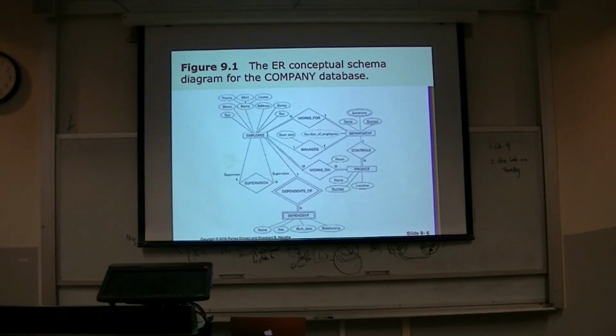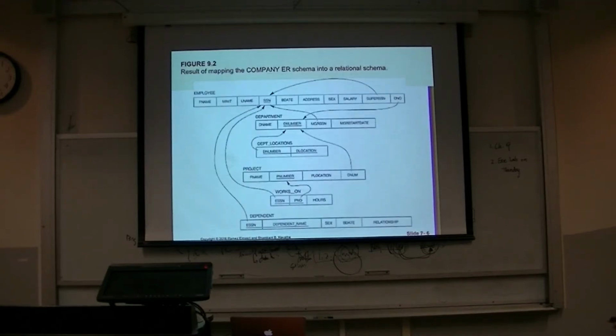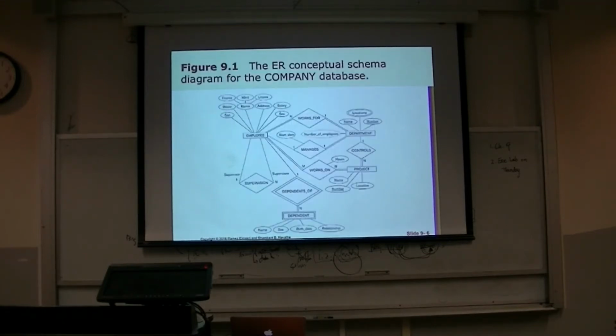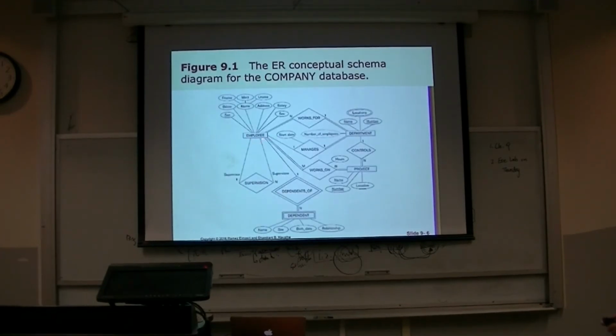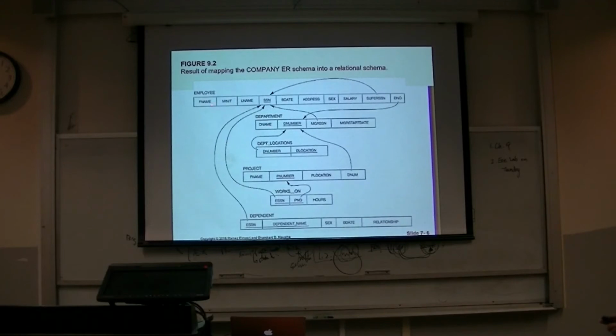But as I said before, can you see any similarity between this one and this one, the ER diagram and the relational schema diagram? Very similar, right? So for example, employee is the name of the entity and the name of the relation.